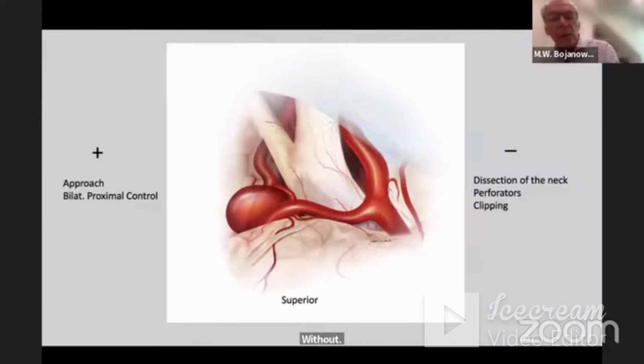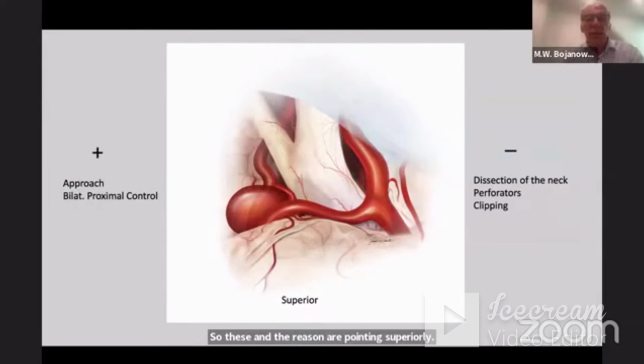So these aneurysms here are pointing superiorly. They are more difficult. The approach is fine. When you want to reach a proximal control, it's not so difficult because when you pull the frontal lobe, the aneurysm will come with you. So it's less dangerous to tear the dome of the aneurysm.